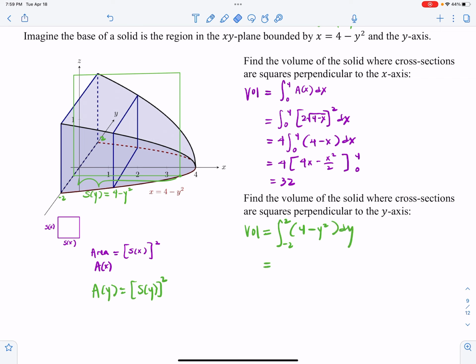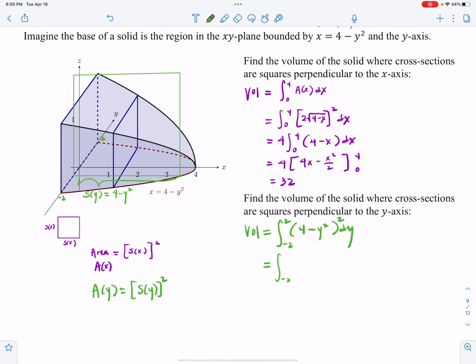And when we integrate that, we will get 4y minus y cubed over 3 from -2 to 2. Then, oh no, I forgot to square it. Sorry. s of y squared.